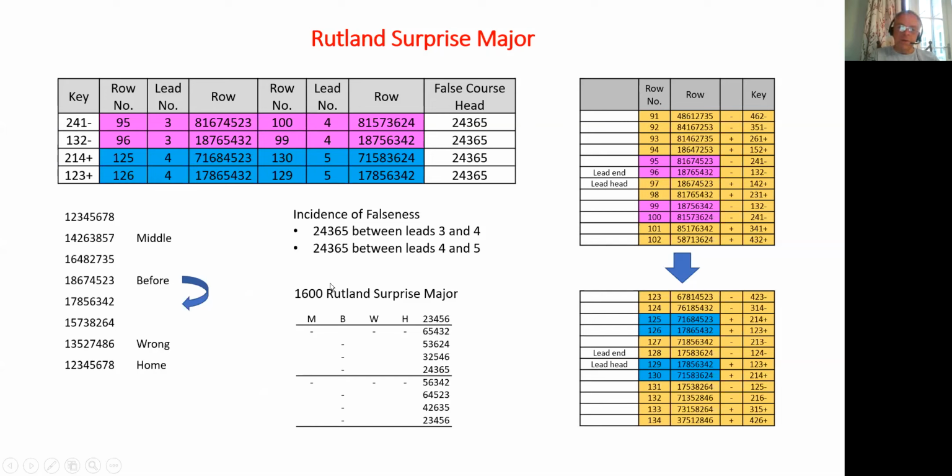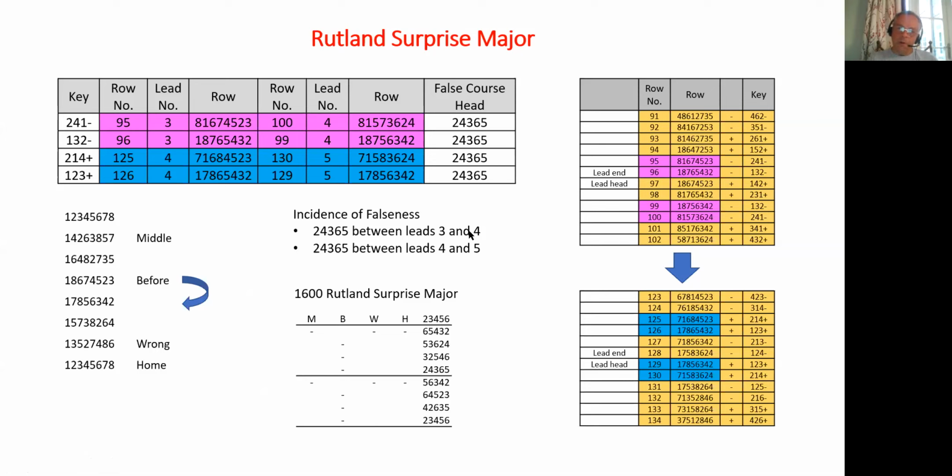So as a summary for Rutland, its incidence of falseness, it has 24365, the same falseness as Yorkshire, which we said was group B. But in both cases, both of these incidences of the falseness, they both involve lead 4.